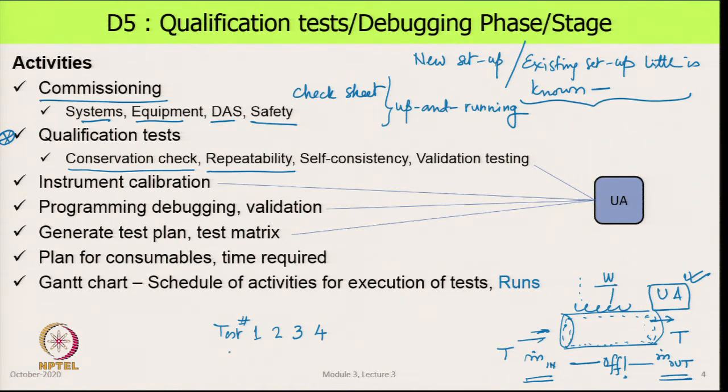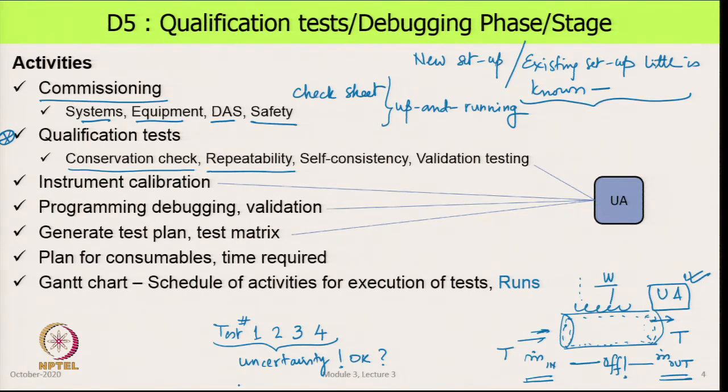So, at this point we have to say, look, this is what I got, what is the variability in it, what uncertainty do I get, and is this okay? Is this what I expected? At that expectation, it would have been a very rough guess, because we had not done experiments.